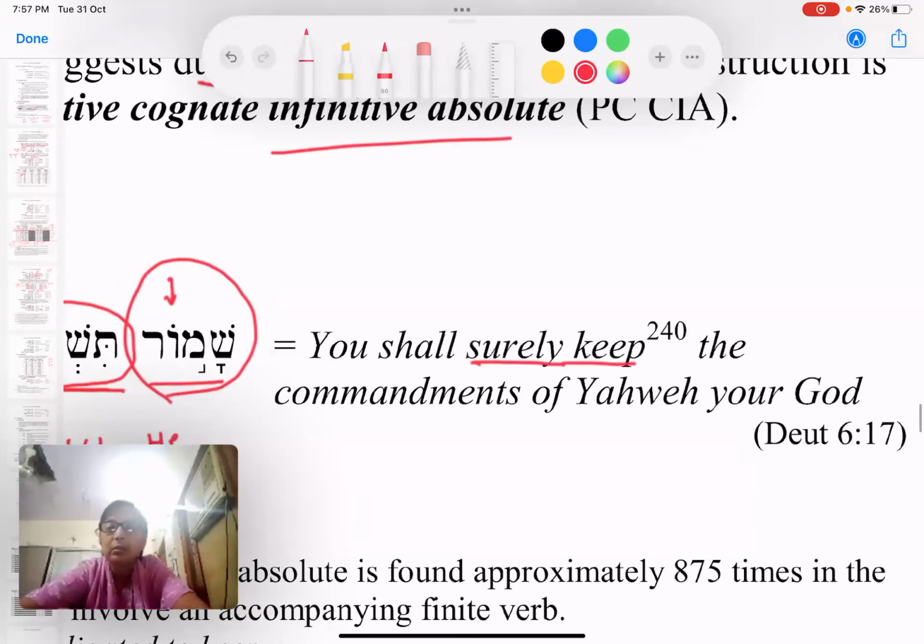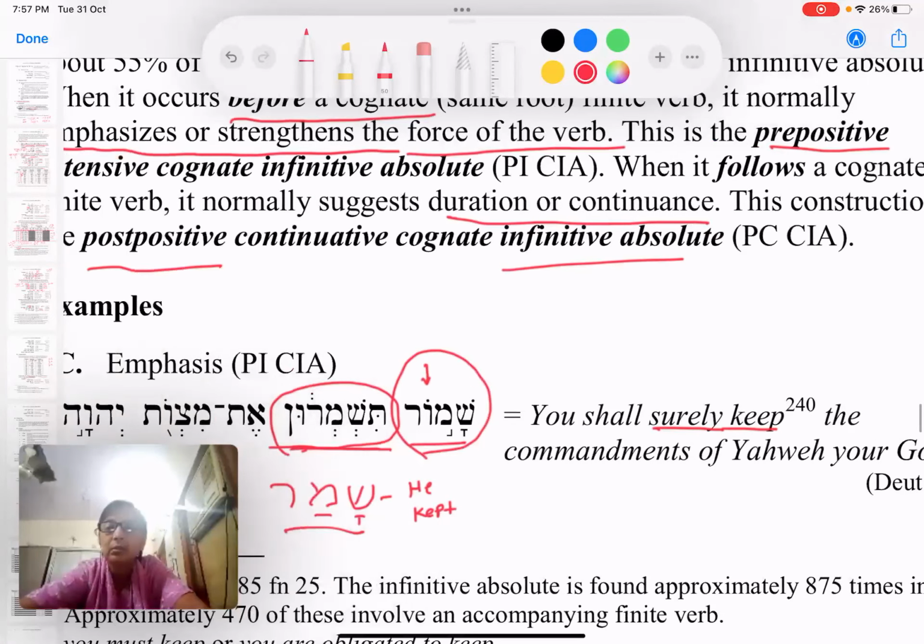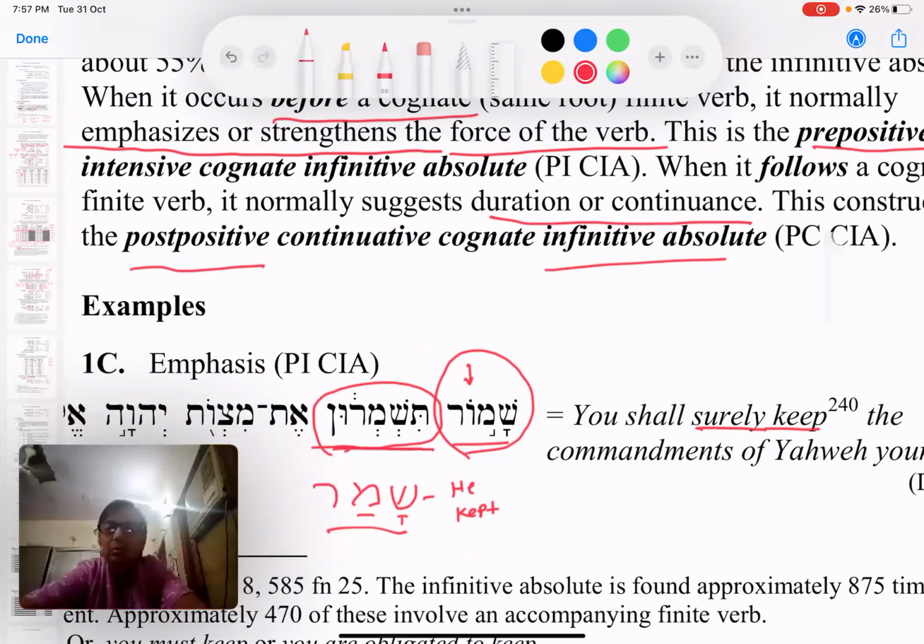This surely keep is a prepositive, intensive, cognate, infinitive, absolute. In this, both verbs have the same root. The first one is the infinitive absolute, that is PICIA, prepositive intensive cognate infinitive absolute.